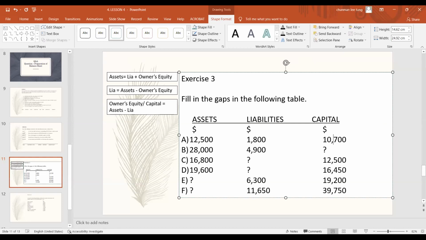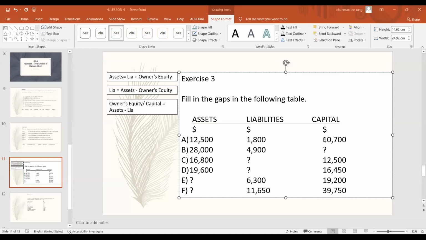The formula for capital is assets minus liabilities, so 12,500 minus 1,800 gives you your capital, which is 10,700. I want you to do the others for me, and I'll call out the figures after. Make sure you look at the equation, and that will help you to find your figures. You have 5 minutes to do that.